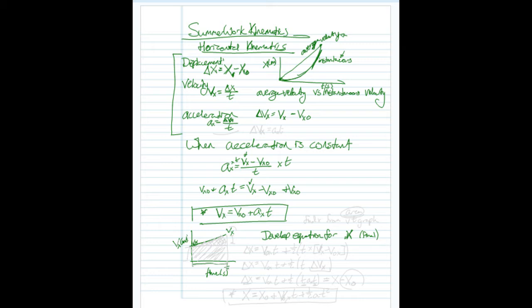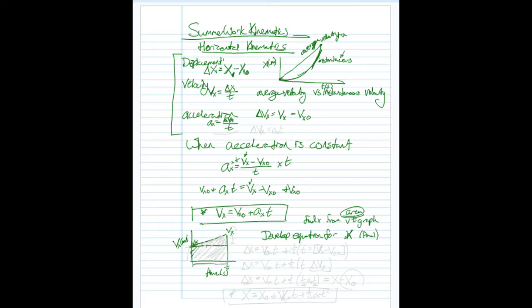To find position from a velocity versus time graph, we need to figure out the area. So we need to figure out what this area is underneath the graph. To do this, I'm going to break it up into two shapes.